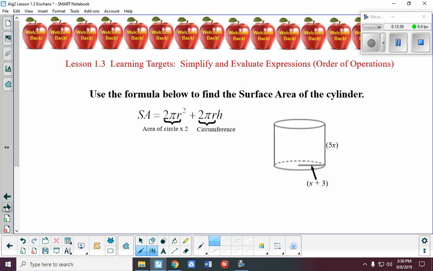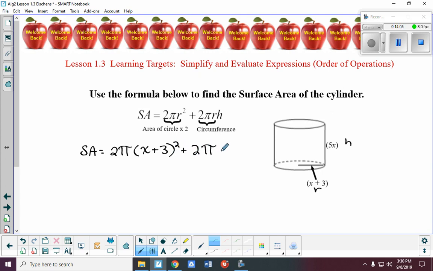To find the surface area of the cylinder. Well, surface area is 2 pi r squared plus 2 pi r h. So what we need to do is substitute in the radius, this is our radius, and the height, and then simplify it. So surface area equals 2 pi. The radius is x plus 3, plus 2 pi.